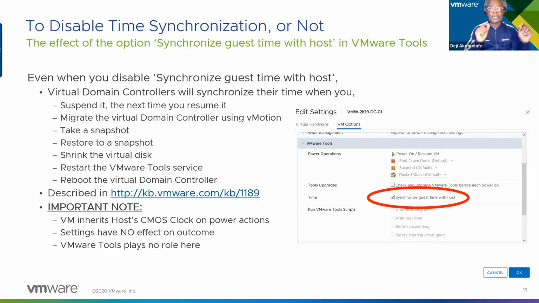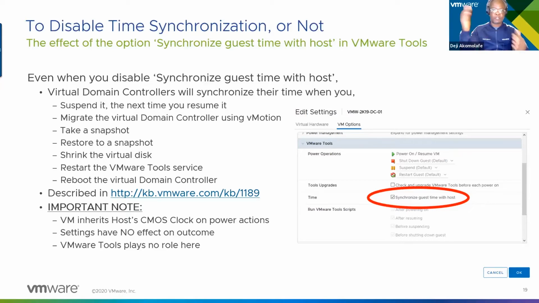You would expect that this would solve the issue of the VM getting time from the host. Of course, it doesn't. There are some operations in vSphere that will cause the VMware tools to actually reset, adjust a VM's clock.